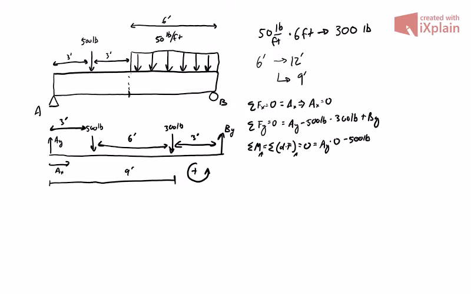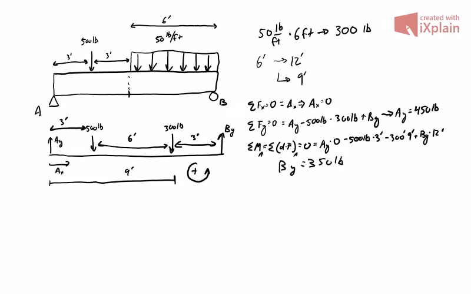So minus 500 pounds times 3 feet minus 300 pounds times 9 feet plus B sub y times 12 feet. So we solve through for B sub y, and we get that B sub y is 350 pounds. If we plug that back in up here, we get that A sub y is 450 pounds.